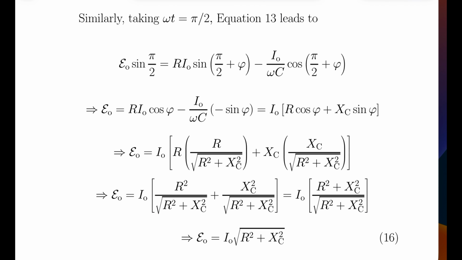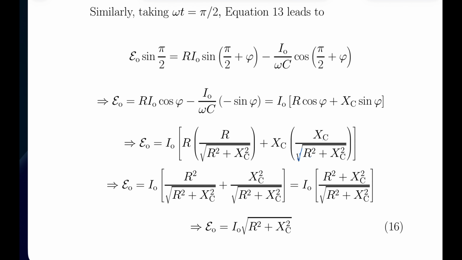So this gives you E naught is I naught R cos phi, and this minus minus gives you plus, XC for 1 upon omega C, XC sin phi. Now put the value of cos phi and sin phi in the next step. So E naught is I naught R times R upon root over R square plus XC square, plus XC into XC upon square root of R square plus XC square.